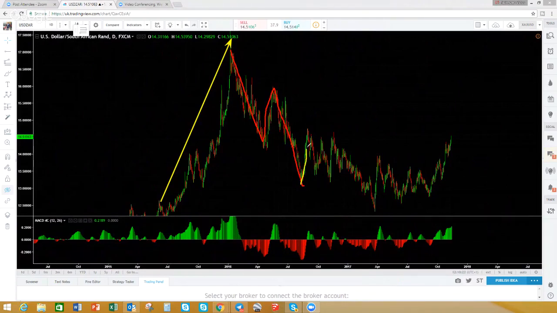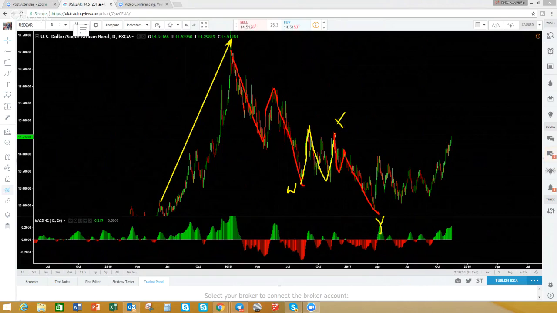Connector. 3. Correction. 1, 2, 3. Let's do this one properly. 1, 2, 3. W, X, Y. It's 3 waves, 3 waves, 3 waves.